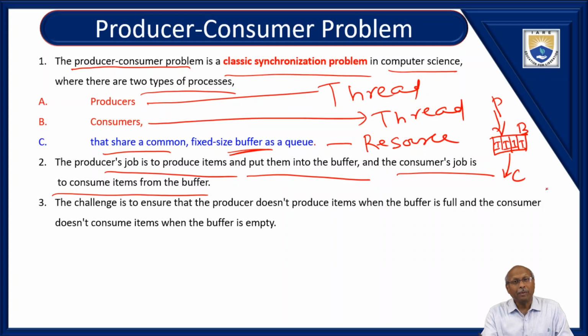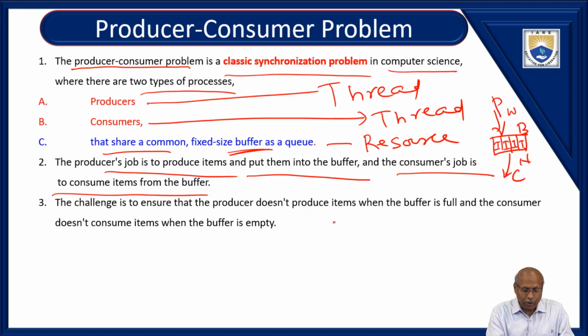As long as an item is not there, the consumer has to wait. As long as the buffer is full, the producer has to wait. Whenever the buffer is empty, the producer will produce. Whenever the buffer has items, the consumer will consume. So it will be using wait and notify signals.